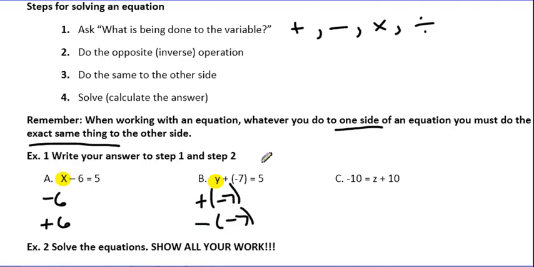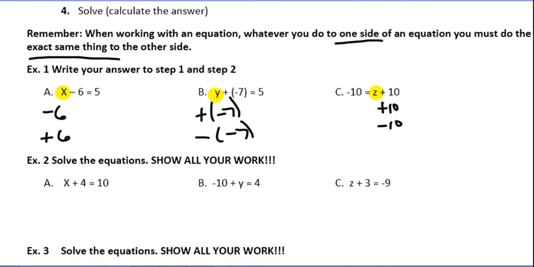And then in the third example, notice my z, my variable, is on the other side of the equal sign. That does not matter. The way we solve an equation is we always start with where the variable is in the problem. So in this particular case, I'm adding 10, and the opposite of that would be to subtract 10. So again, understanding the opposites of the operations is a big deal in terms of solving.